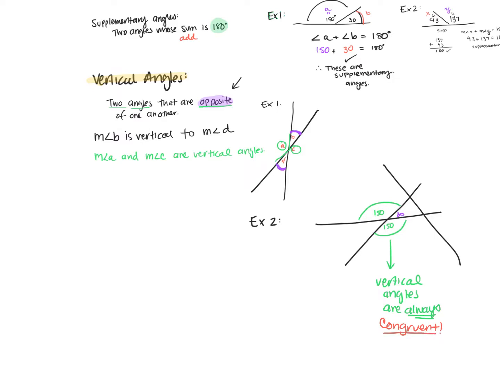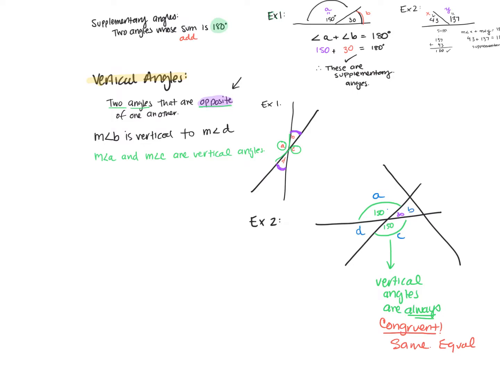It's the geometry word for saying that they are the same or equal, right? So they are congruent. So let's call this A, B, I'll use a different color. We'll call this angle A, B, C, and D.